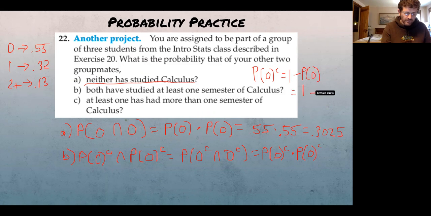So 1 minus 0.55. There's a 45% chance that they've done some calculus. So now we get 0.45 times 0.45, which gets me 0.2025.